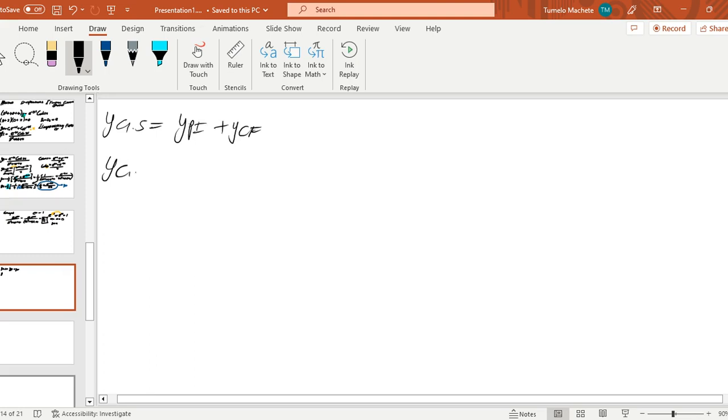So Y general solution will be equal to C1 e to the minus 2x plus C2 e to the minus 2x times x, because they've got similar factors. And then you're going to say plus 1 over, you add the YPI now.